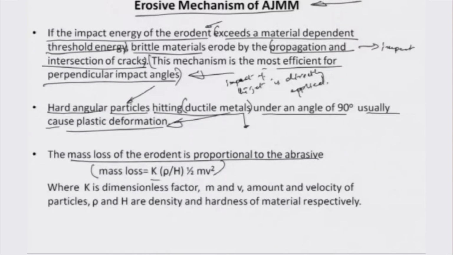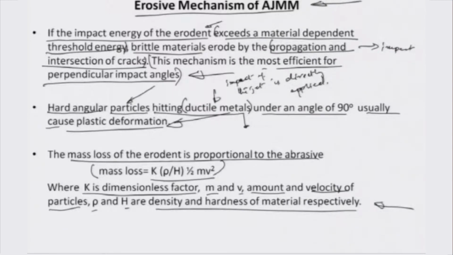which is defined by this term here, K rho by H, half m v square. K is a dimensionless factor, m and v are the mass and the velocity at which the particles are moving, rho and H are the density and the hardness of the material respectively. So, in micro machining, when particularly using a mask and when this business of hitting ductile metals comes into the picture, there is a virtual loss of the abrasive, calculated by this method, in terms of damage or deformation to the total quantity of grains which emanates from the nozzle.